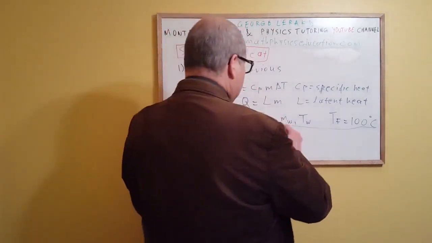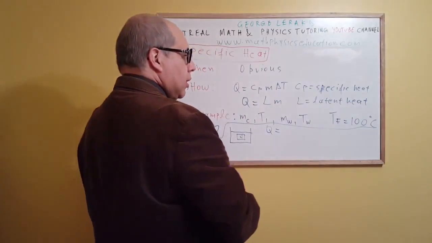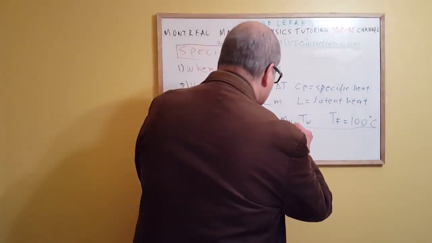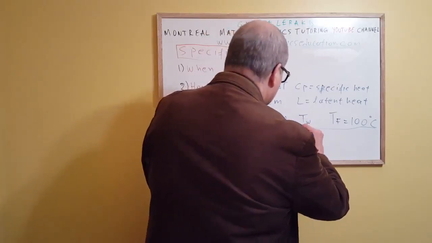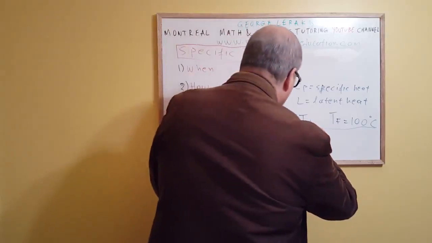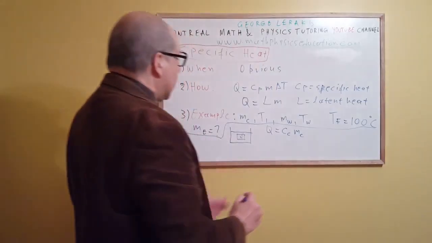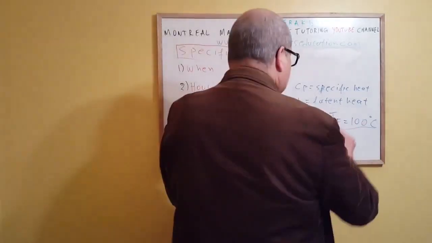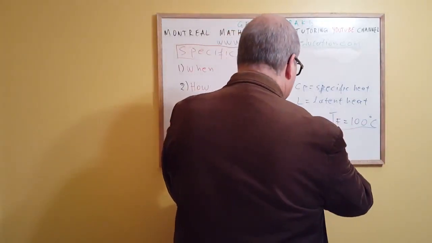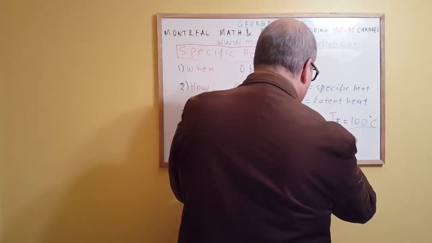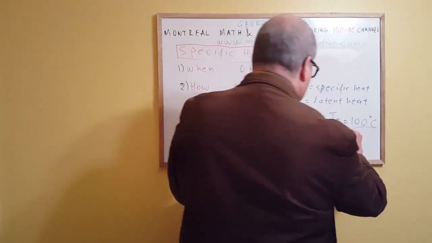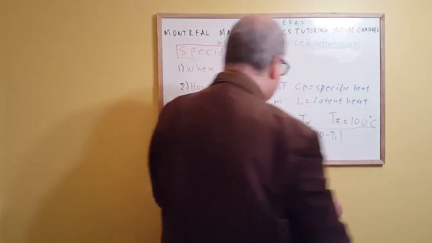The Q that the copper will lose will be C of copper, times the mass that we know, which is Mc, times the delta T, which will be T final, which is 100, minus T initial of the copper.